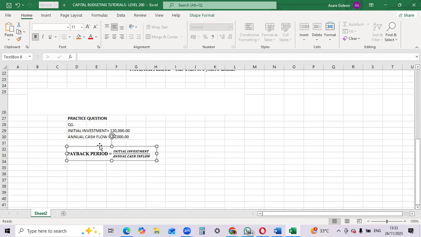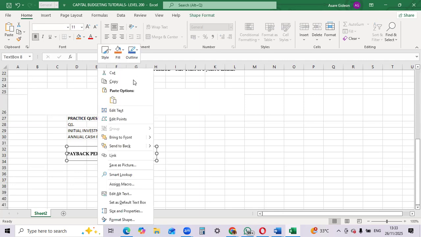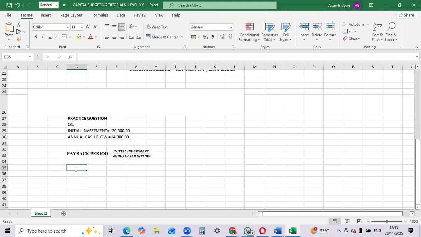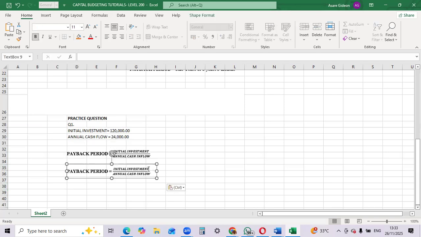So the formula is going to be the initial investment, or the initial cost, divided by the annual cash flow. So what is the initial investment? Now the initial investment is 120,000.